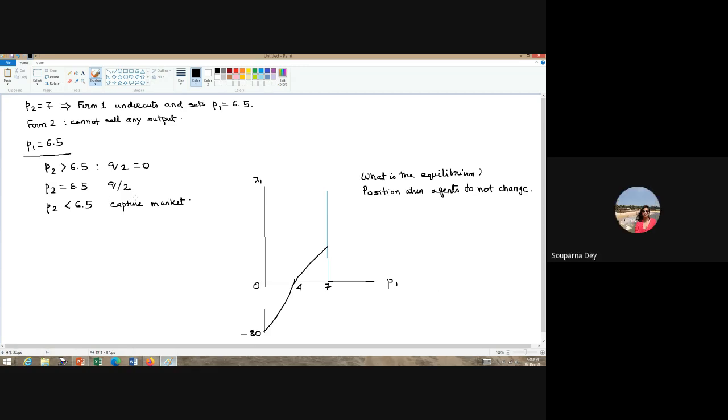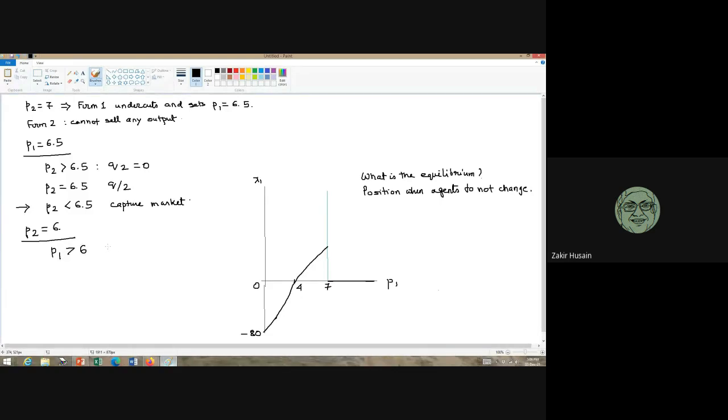So he's going to set it below 6.5. Okay, so this is the option that he's going to do. Now the question becomes, let us say he has set a price of 6. Firm 1 has got 2 options.